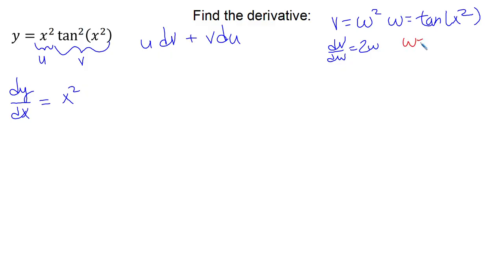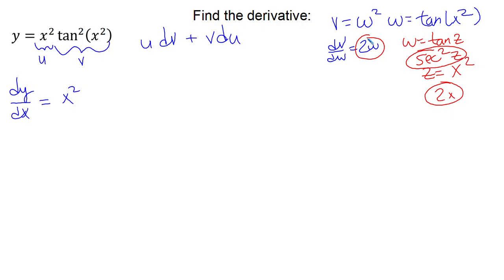Right? This is w equals tangent of z, where z is equal to x squared. So we'll get a secant squared z, right, from our tangent z, and we'll get a 2x from our z. And so now we're going to have to multiply all of those things together, right? This 2w, this secant squared z, and this 2x.